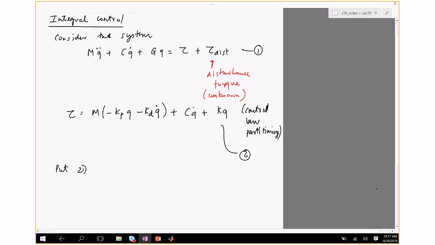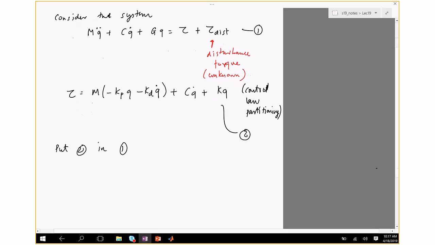So let's put 2 in 1. We have M q double dot plus C q dot plus G q. I'm going to now analyze the system when it is subjected to the disturbance, but I do not know the disturbance, so I just put the control law partitioning law in that. That's my assumption that that will work. So I put it in equation 1, and I get M times minus KP q minus KD q dot, plus C q dot plus G q plus tau disturbance.